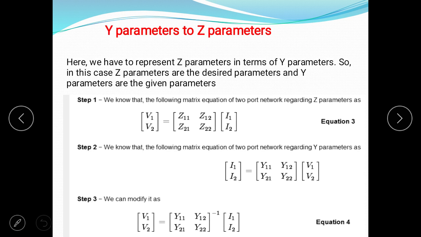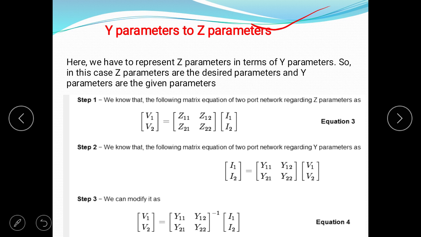Now, conversion of Y parameters to Z parameters. Here the required parameters are the Z parameters and the given parameters are the Y parameters. So first we represent Z parameters in terms of Y parameters.